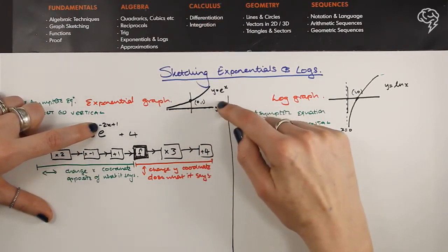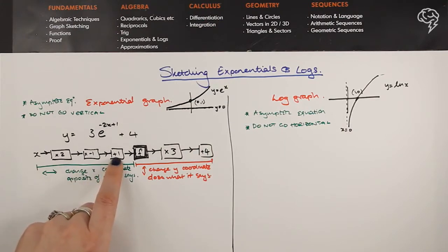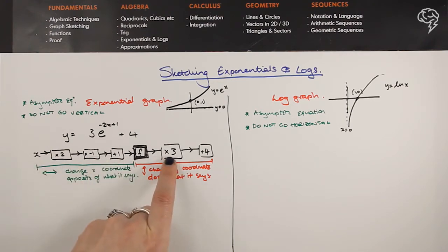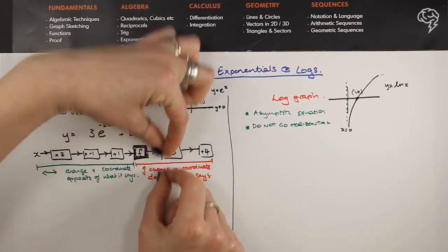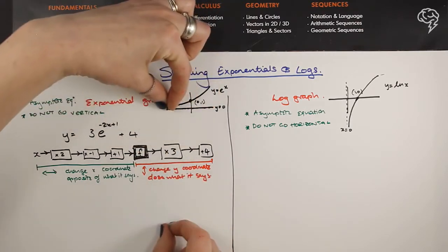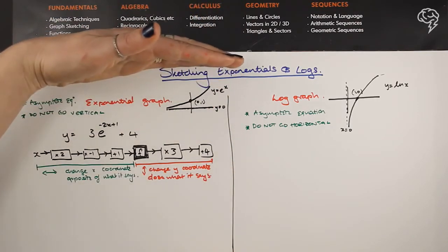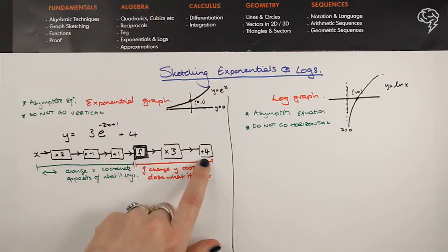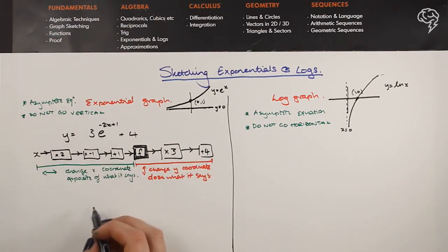And then it says right one, but we go left one. So all of this changes those x coordinates. Then we stretch scale factor 3 parallel to the y-axis. It's going to stretch it away from the x-axis and then up 4. So really quite a complicated set of transformations here.